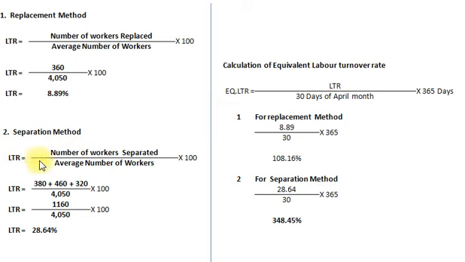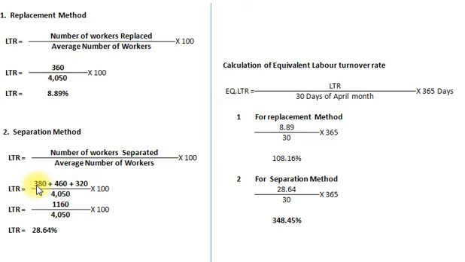Now labor turnover rate under the separation method. Our formula is number of workers separated divided by average number of workers multiplied by 100. So number of separations during the month is 380 plus 460 plus 320.